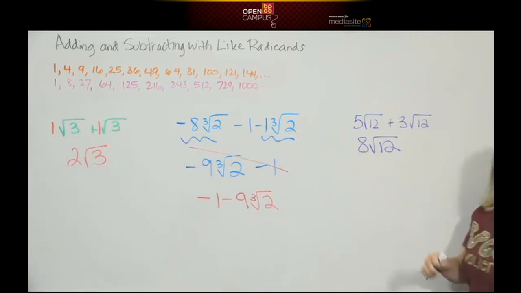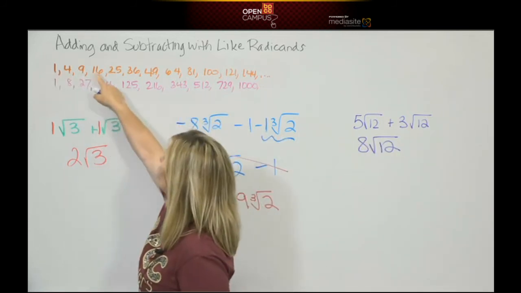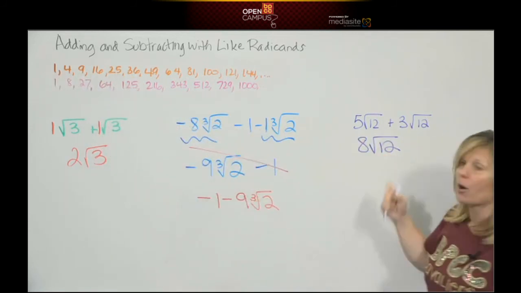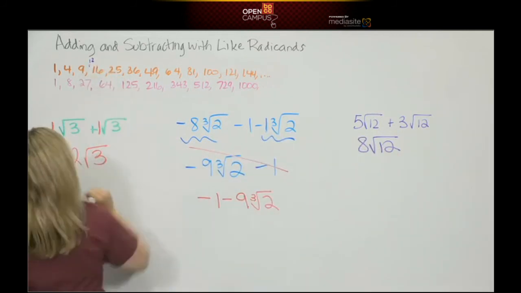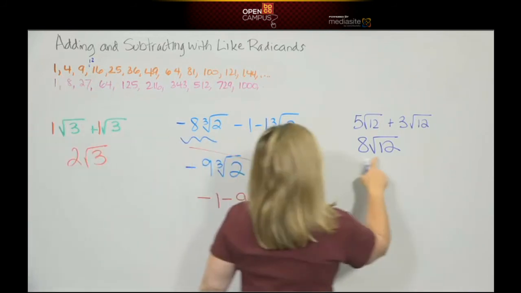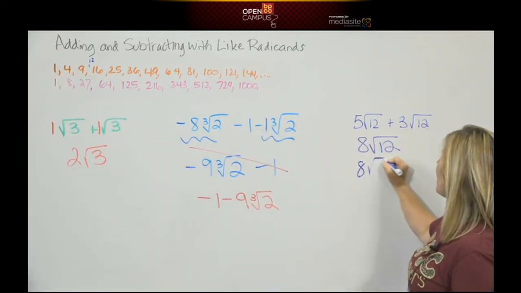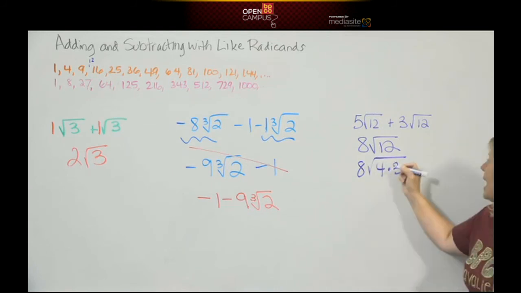But here's our problem. 12, I agree, is not a perfect square. But 12 has a perfect square in it. What number on the perfect square list divides into 12? You're right, it's 4. So this is not acceptable because we could write 12 as 4 times 3. And now let's simplify.